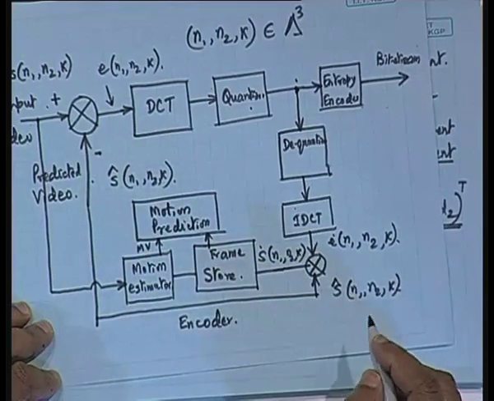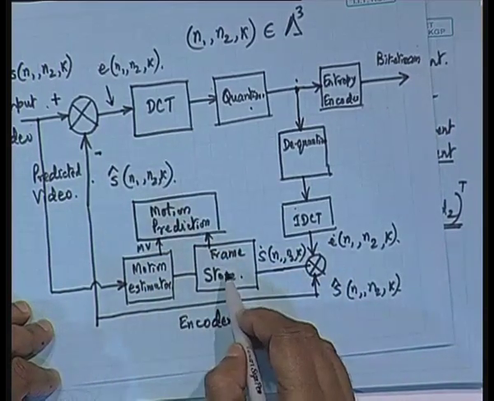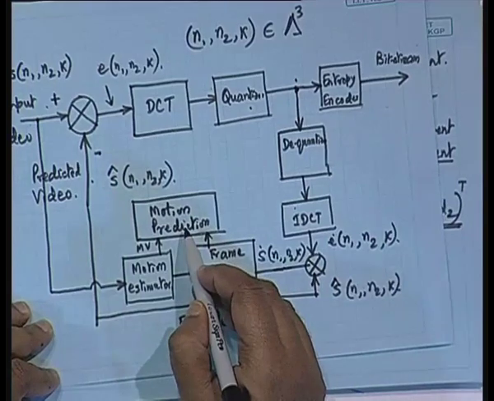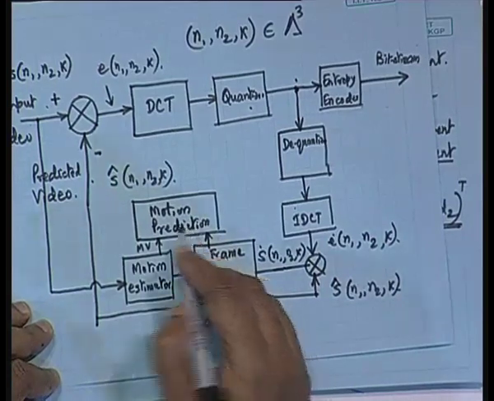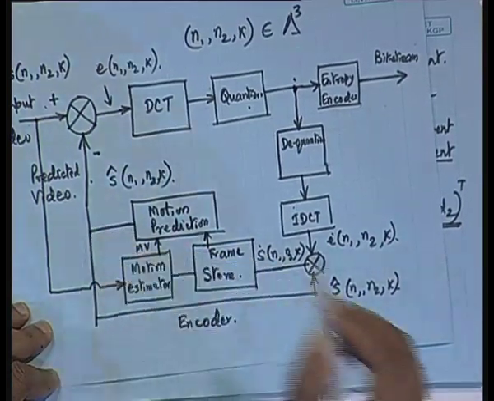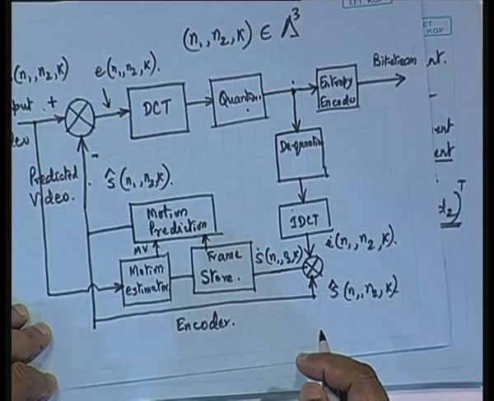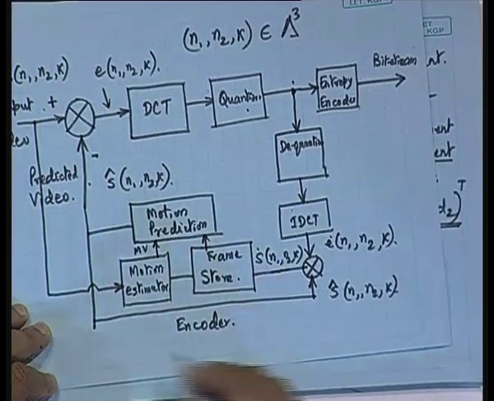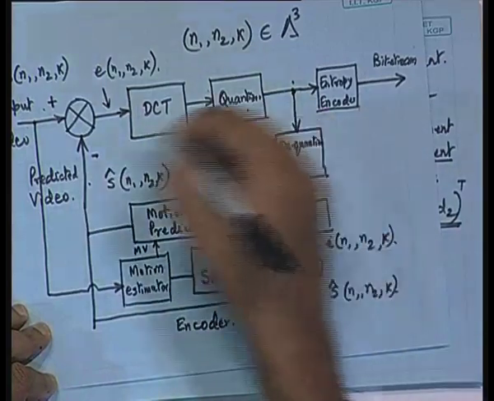I call it MV. By applying the frame store onto the motion prediction, we can generate the predicted video. So, this is how we complete the path.